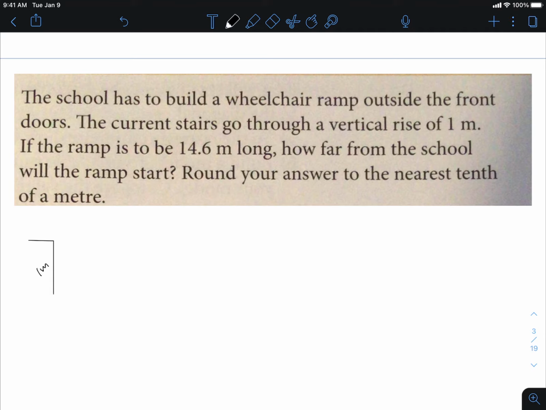If the ramp has to be 14.6 meters long, the ramp itself, remember? The ramp is not going to run from the base. The ramp is going to run from the top of the stairs down to the ground. That's saying this has to be 14.6 meters long.